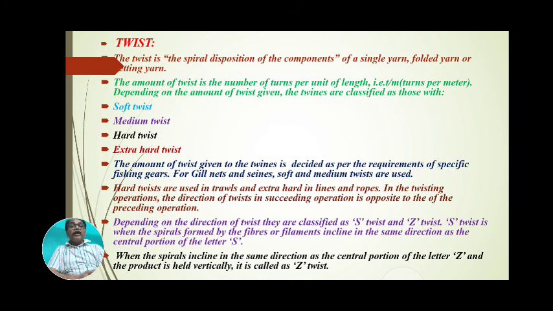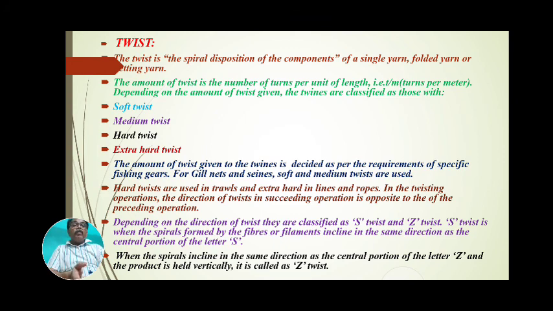The amount of twist is the number of turns per unit of length, that is T per m, meaning turns per meter.